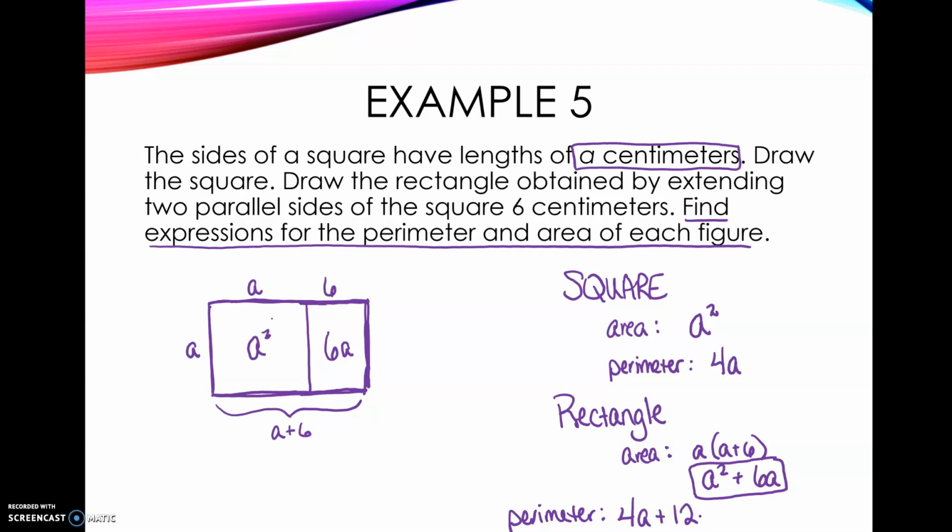If you're wondering where that came from, if you label everything, we've got a plus 6 plus a plus 6 plus a plus a. So there are 4 a's being added together, and the 6 and another 6, that makes the 12. 4a plus 12.